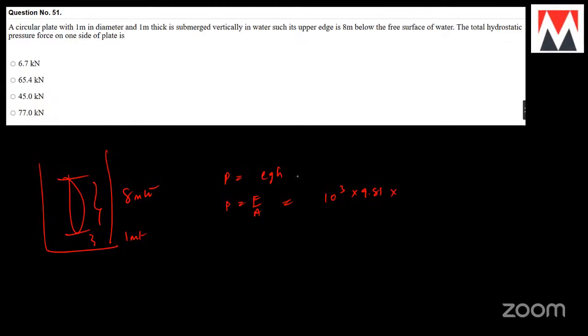How do you get rho g h? 10 power 3 into g, which is 9.81, into what is h here? h is nothing but 8 plus 1 by 2.